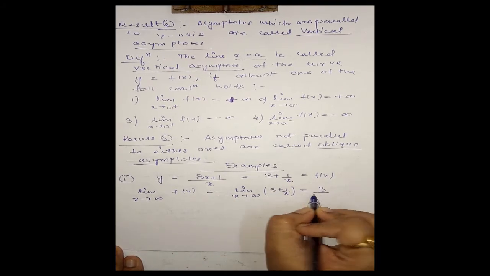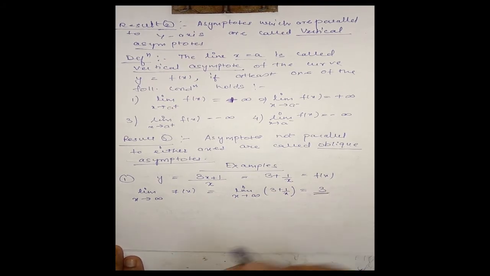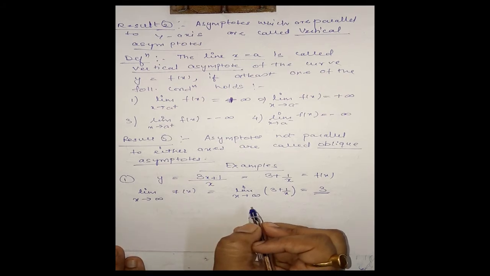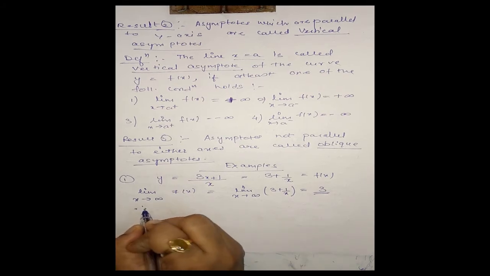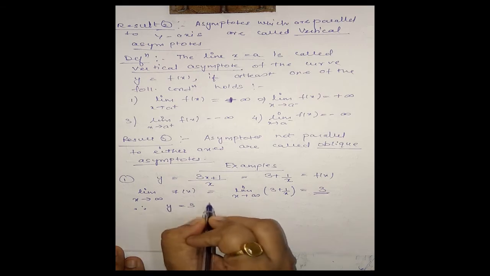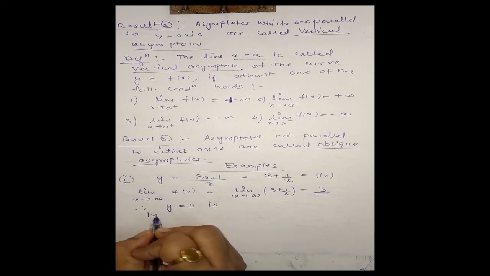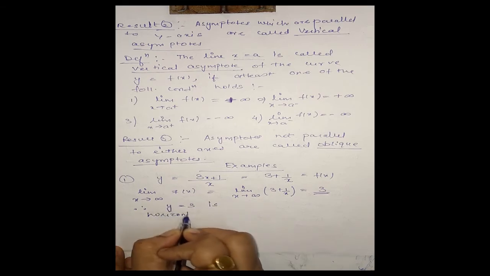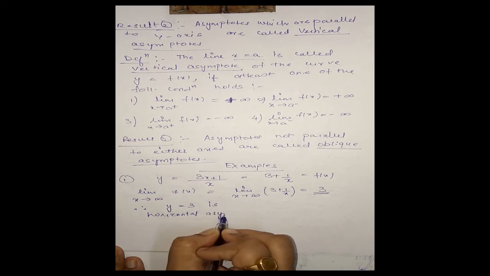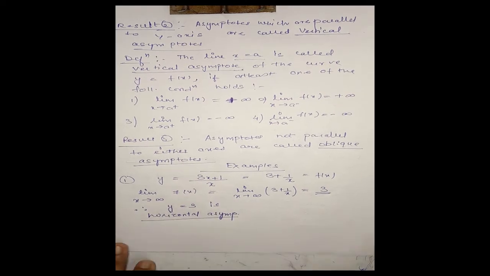Therefore, this is 3. Therefore, by definition of horizontal asymptote, y = 3 is a horizontal asymptote.